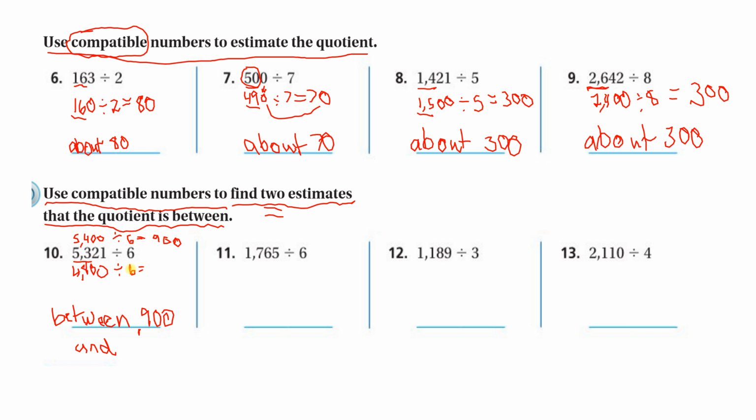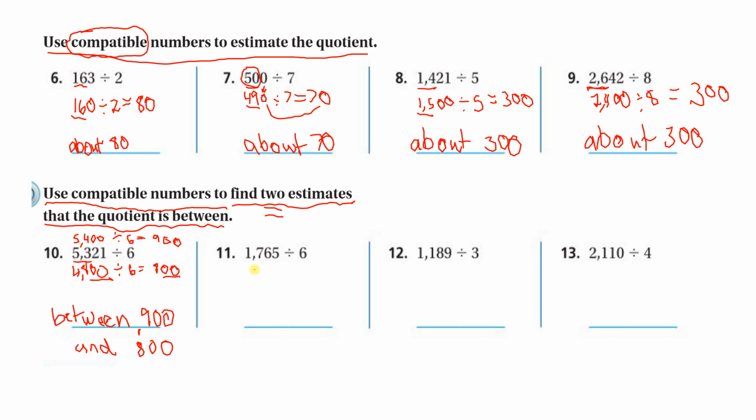Well, like we mentioned before, 6 goes into 48 8 times, and the 2 zeros that we ignored, 2 zeros here, so between 900 and 800.